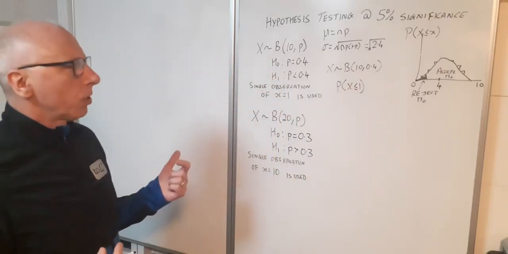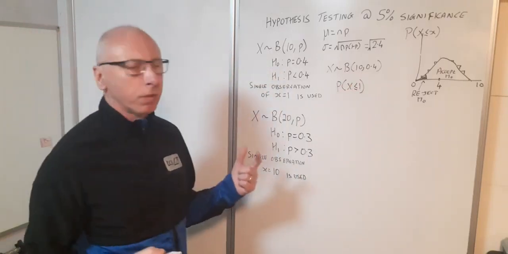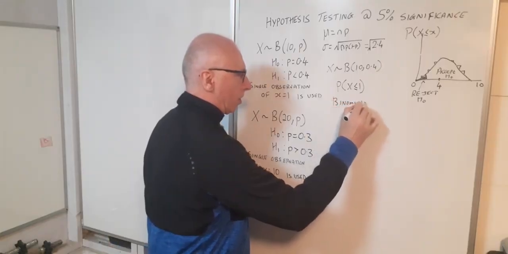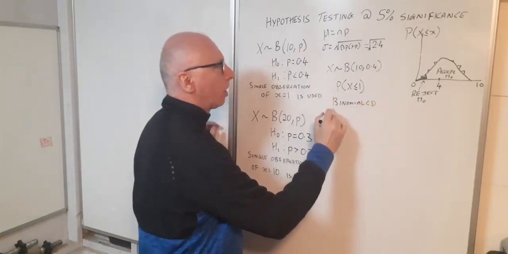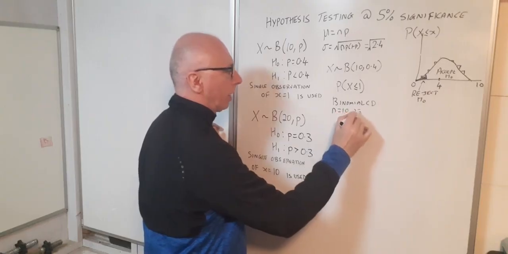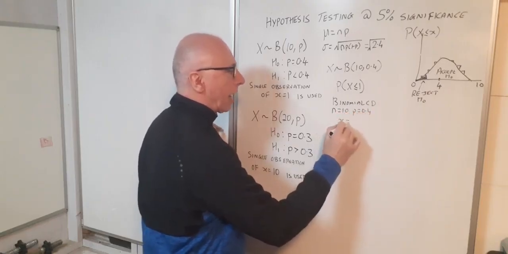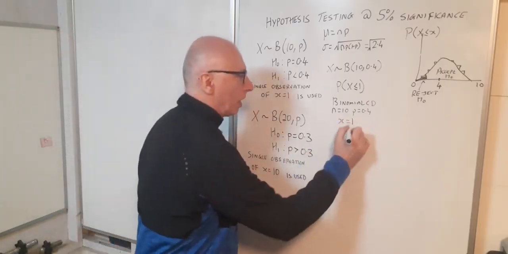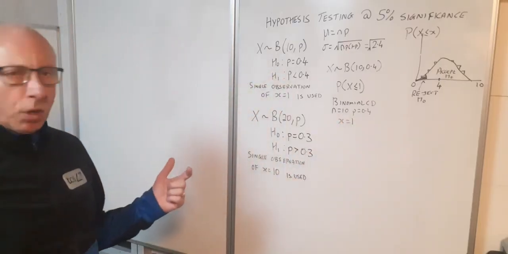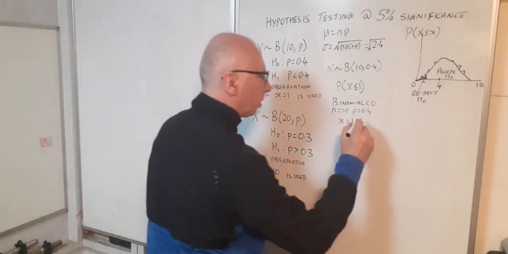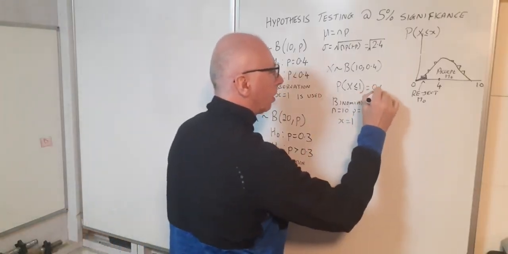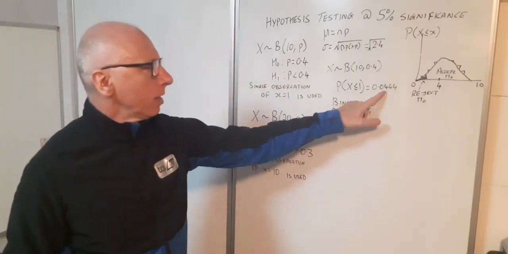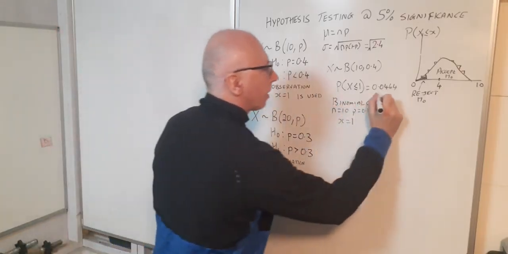So we use the binomial cumulative distribution function, binomial CD function, in our calculator using n equals 10, p equals 0.4, and x, depending on what model of calculator you've got, x would be 1. And that should come out to 0.0464. So we can see that this is approximately 4.64%.